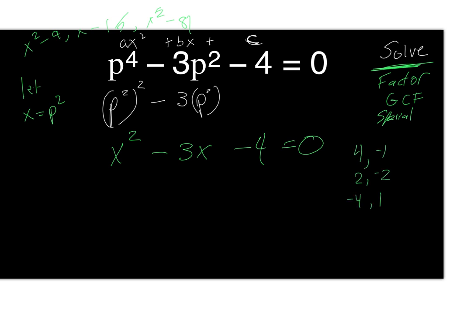Those are all the numbers that multiply to negative 4. Which pair adds to negative 3? Yep, this pair right there.